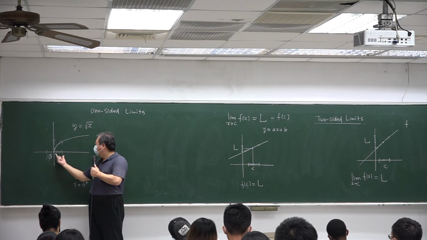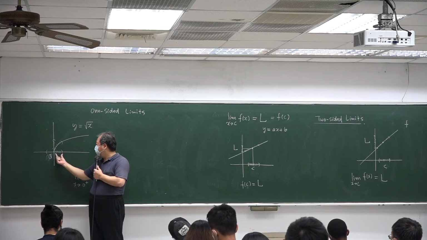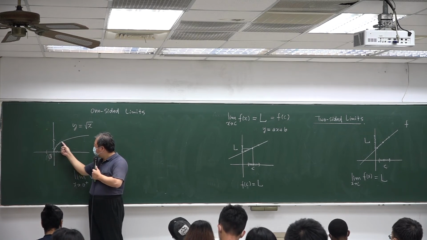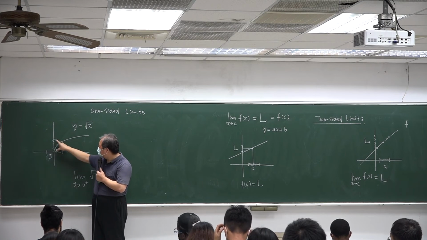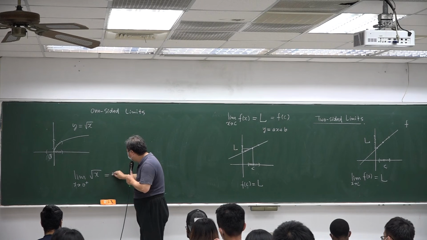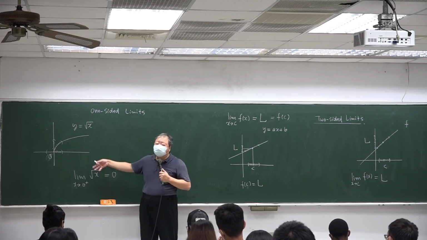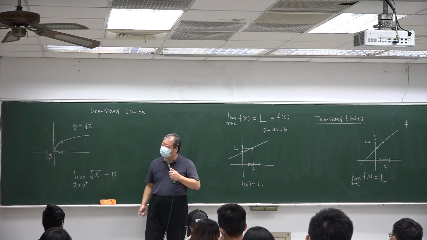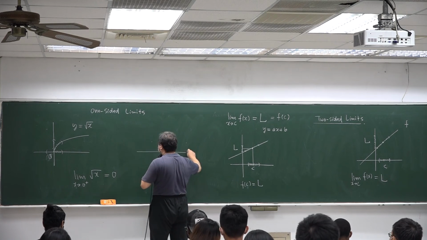If we call this the radius, if the radius is smaller and smaller, then this portion will be smaller and smaller, and this one also smaller and smaller. In this case, we use this notation to indicate this phenomenon. So this is one-sided limit. One-sided limits.